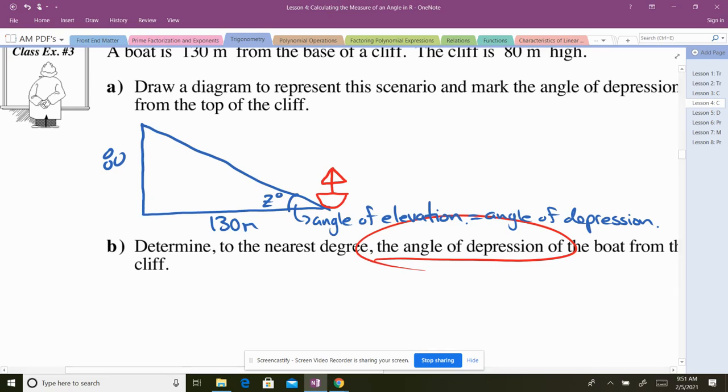All right, what do I do? First step, label. What sides do I have? Opposite and adjacent, which involves tan. Tan of Z equals 80 over 130.